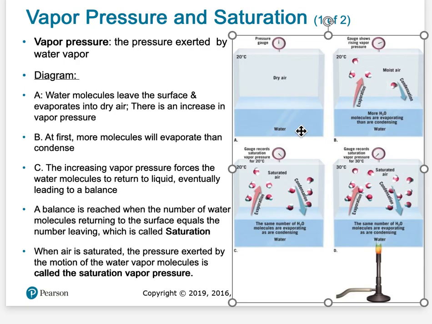And then in diagram B, we could see that more molecules will evaporate than condense. So we have 3 water vapor molecules and then only 1 water vapor molecule condensing back into the liquid water. And then we also see that the pressure gauge increased because we have 3 water vapor molecules.